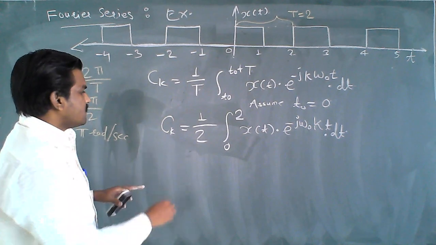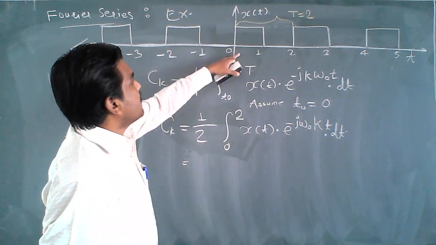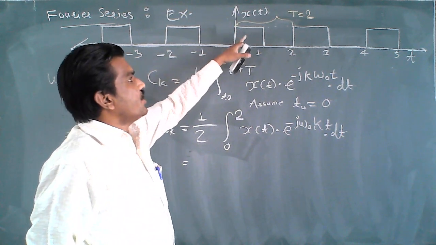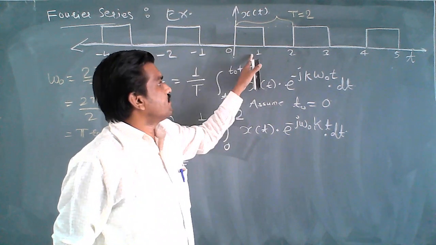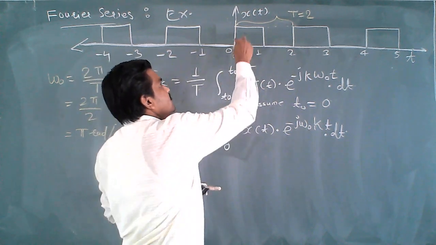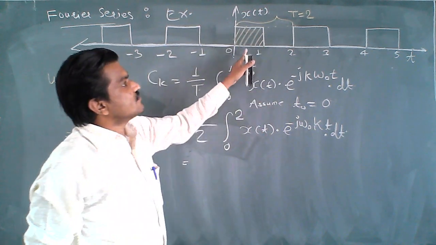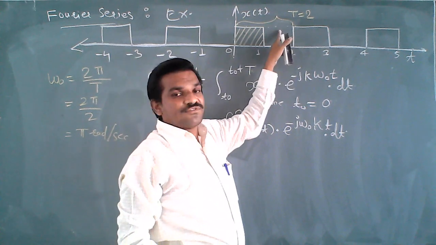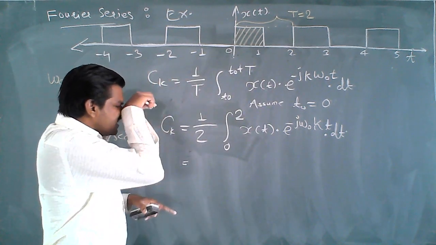Now see this. I am having x of t, which is periodic for period T equals 2, but it has two intervals. For 0 to 1, x of t is equal to 1, and for 1 to 2, x of t is equal to 0. So I will write the integration again.